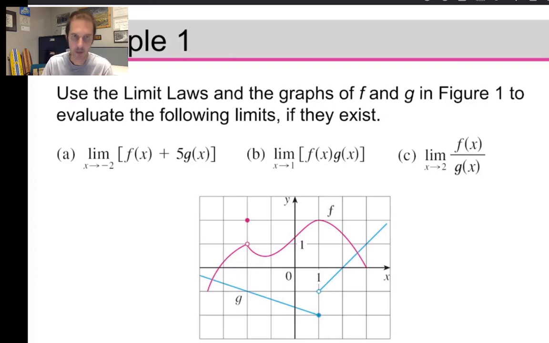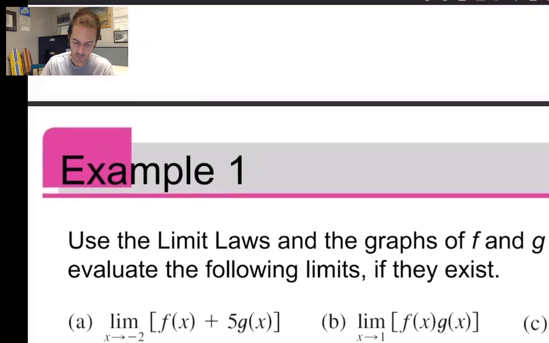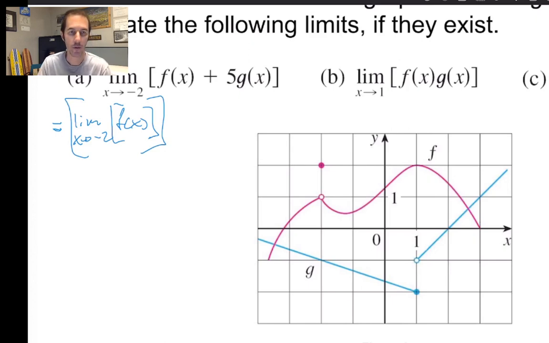And what we're wanting to realize here is that we can rewrite this as the limit as x approaches -2 of f of x, and then we can add that, and really I could have put this entire thing in square brackets or parentheses because that's going to be its own individual value, and then we can add that to 5 times the limit, again, still as x approaches -2 of g of x.